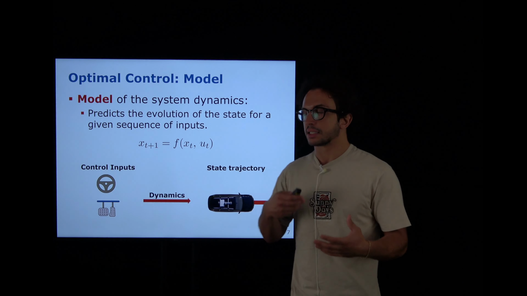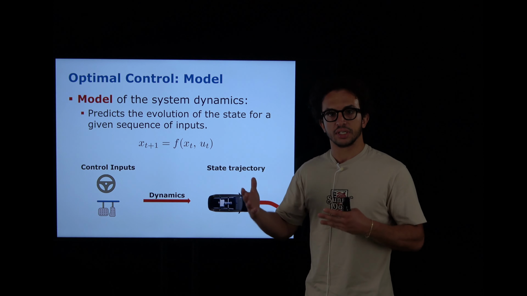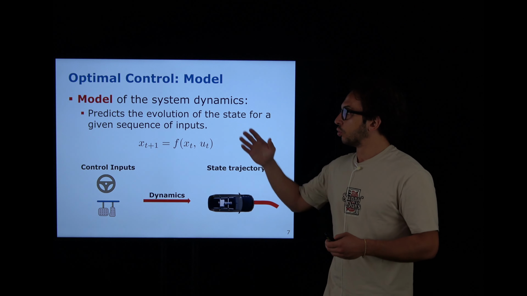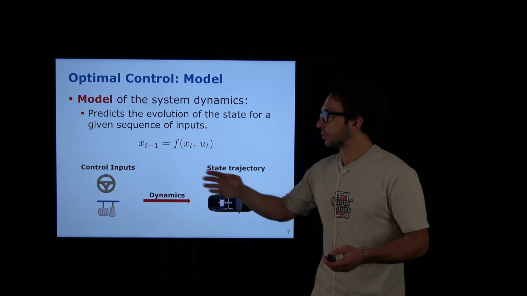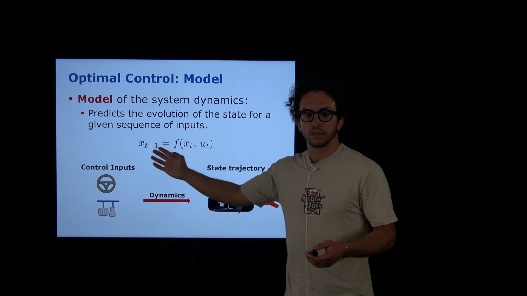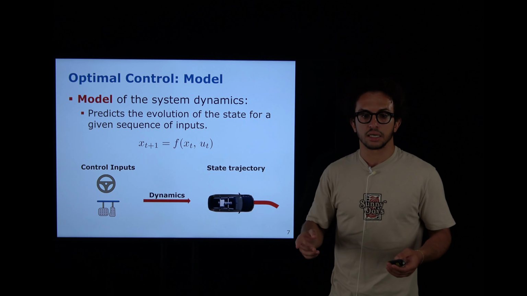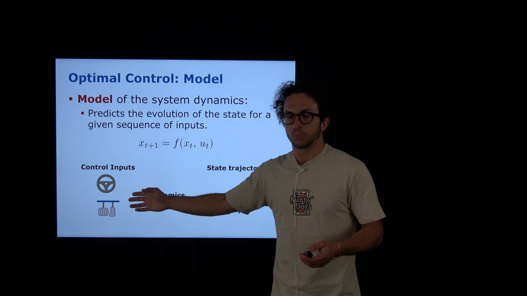Now, let's also go with an example, so that it's a bit clearer what's happening here. So we have a model of the dynamics of a system. For example, we have that a certain state depends on the previous state and the input that is applied in that state. And it's something that we've already seen.